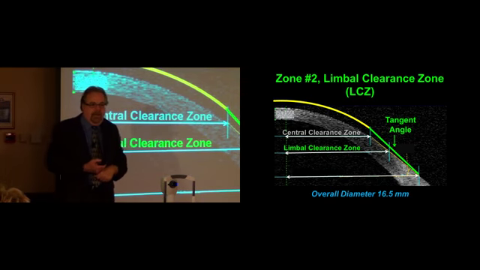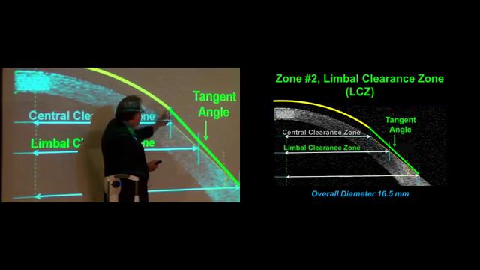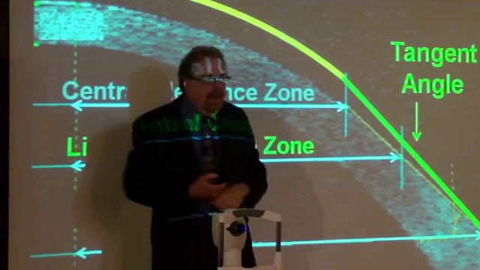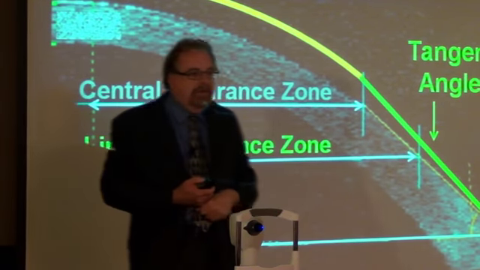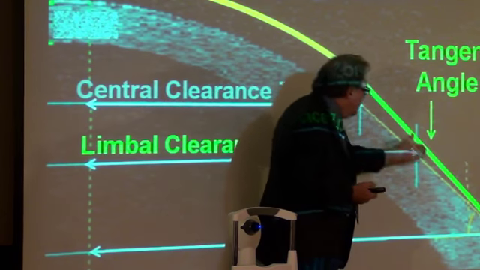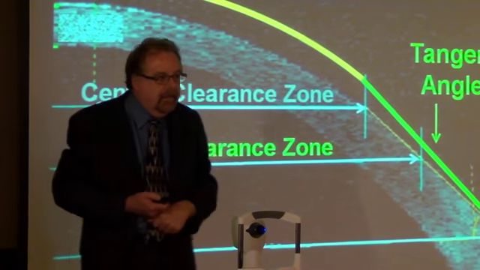Now, we said that beyond the central portion of the cornea, it goes into a straight line tangent. And here we see it anatomically, and here we see why the incorporation of that tangent angle.